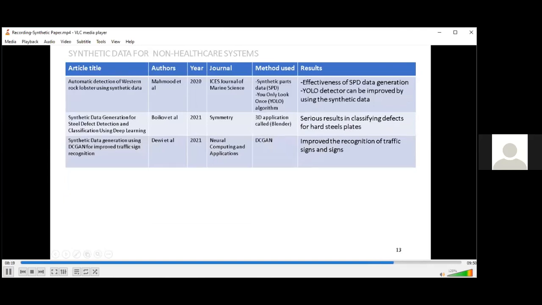For example, this article, synthetic data generation for steel defect classification. They used a 3D application called Blender as a method. Their results were strong in classifying defects for hot steel plates.